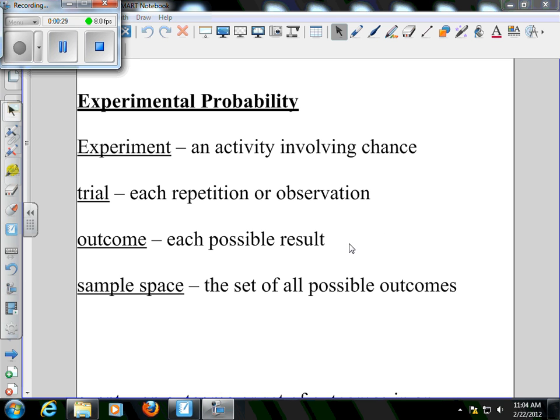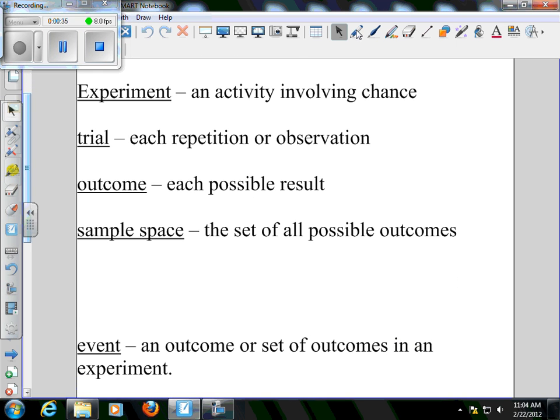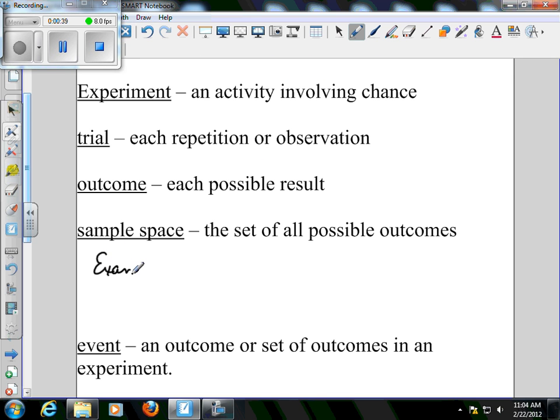The outcome is the result that you get, and the sample space is the set of all possible outcomes. So, for example, if you are rolling a die, the set of all possible outcomes: you could roll a 1, 2, 3, 4, 5, or 6, and that's it.